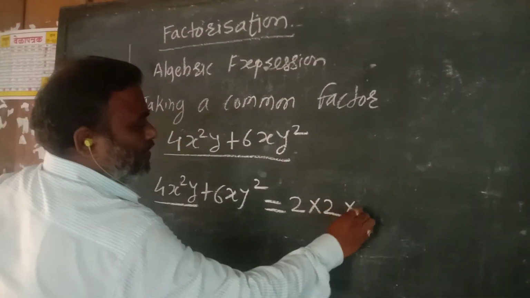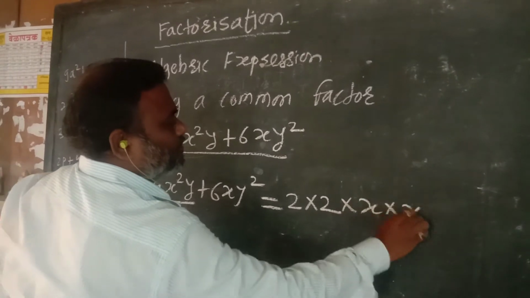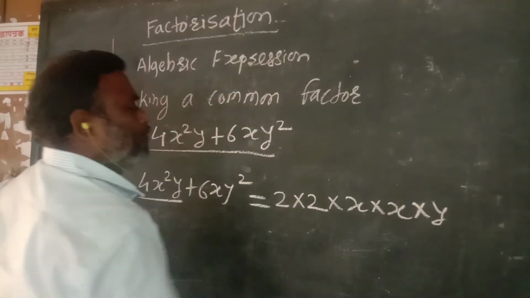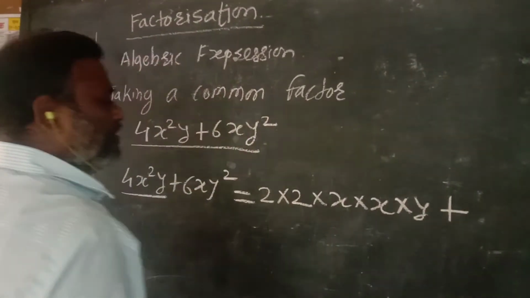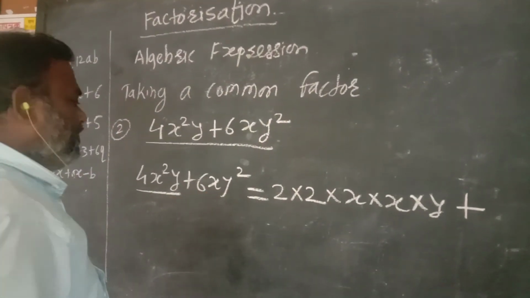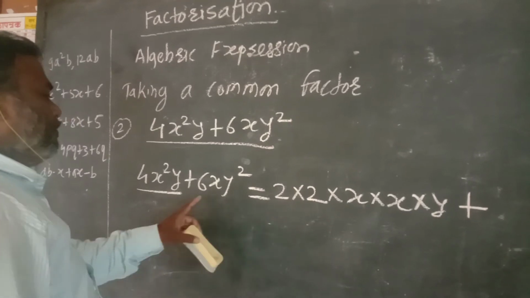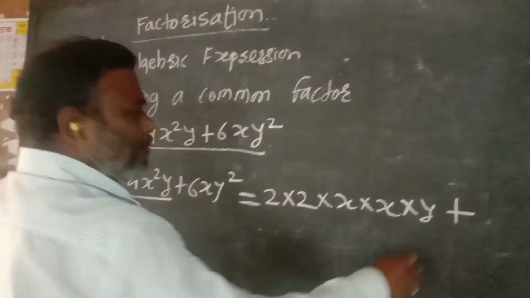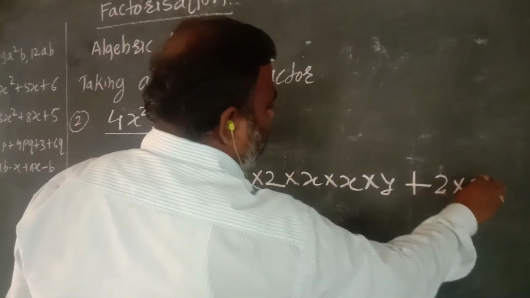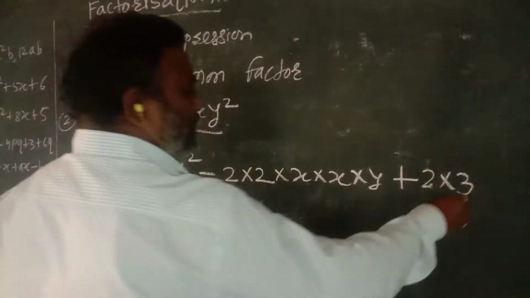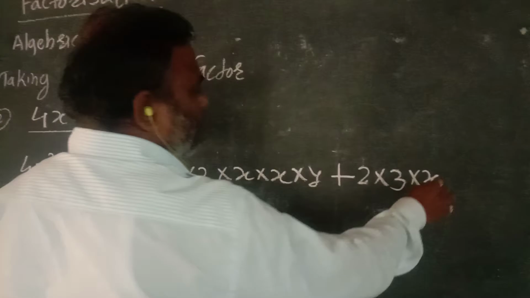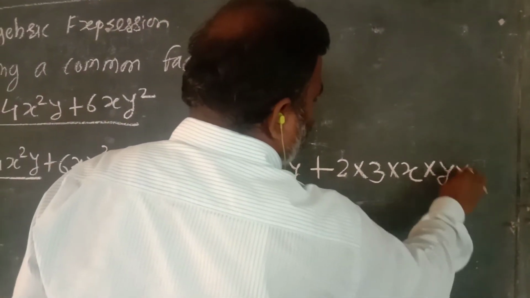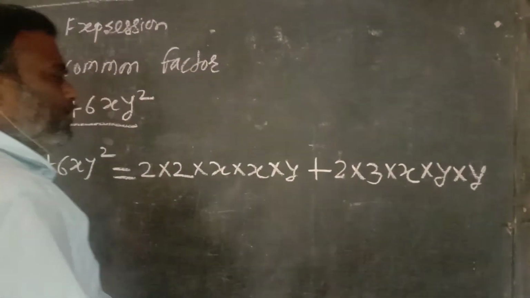X square we write x into x, and for y we simply put y. Plus, as the sign provided is plus, we write the same sign plus there also. Now 6 is the product of two prime numbers, that is 2 into 3. Similarly x, here it is one time, so we put x one time, and y square we represent as the product of y into y.